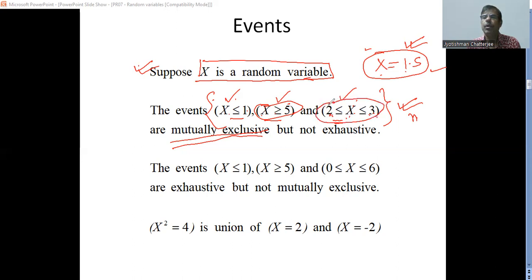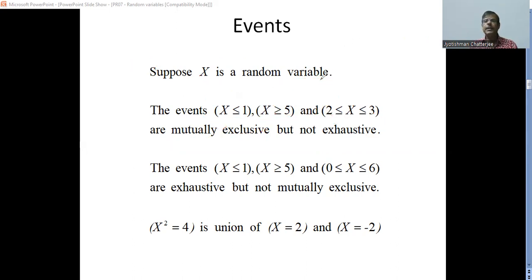So here is an outcome which is not covered by any of the three events. That's why this collection of three events is not exhaustive. So this collection of events is mutually exclusive, this is correct, but it is not exhaustive.